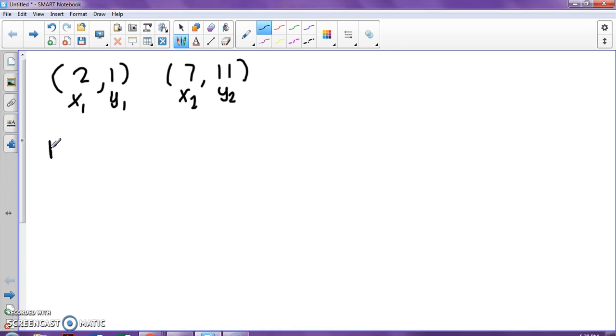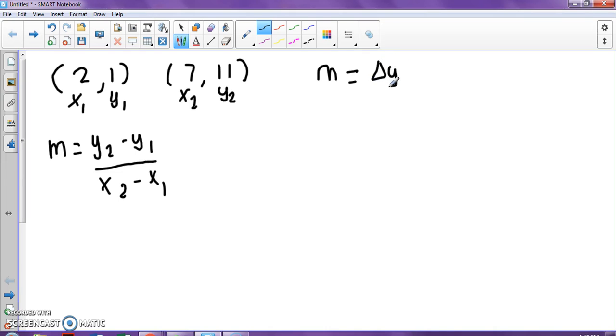And our slope we represent with the letter m. So we're going to calculate our slope as the change in y over the change in x, right? So y2 minus y1 over x2 minus x1. And then sometimes you'll also see it written as delta y over delta x.